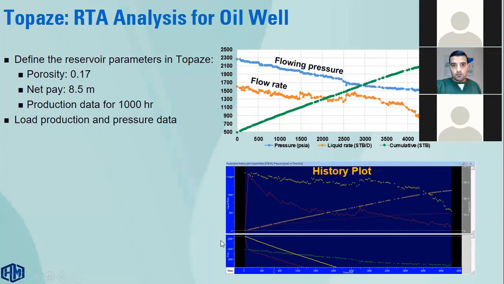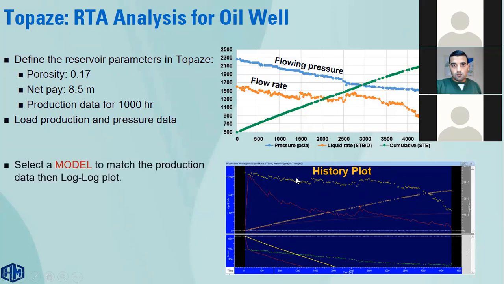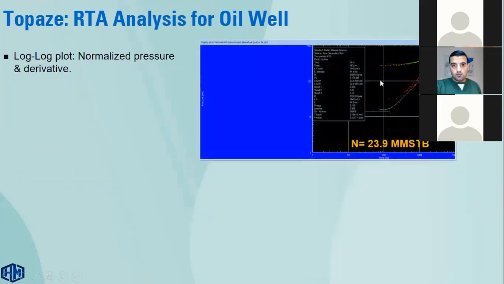So in Topaze, you will have this history plot. The next step is to assign a specific model to match the production data of our well on the log-log plot. As you can see, this is the log-log plot. The data is matched over this plot.